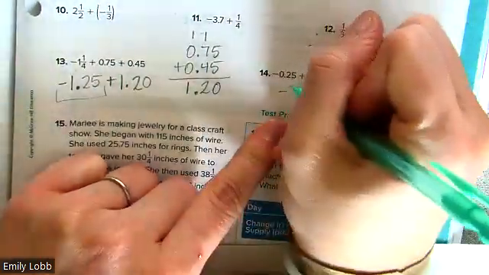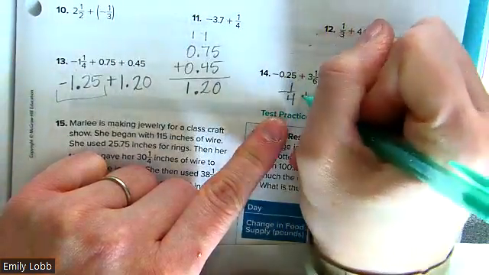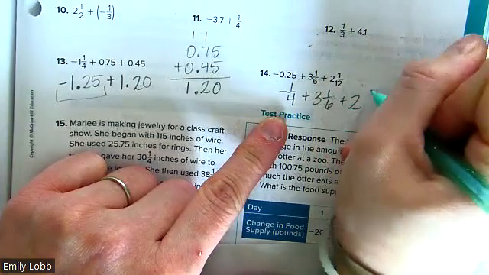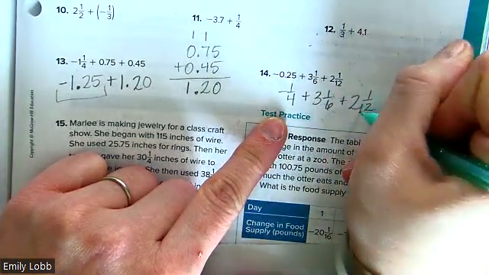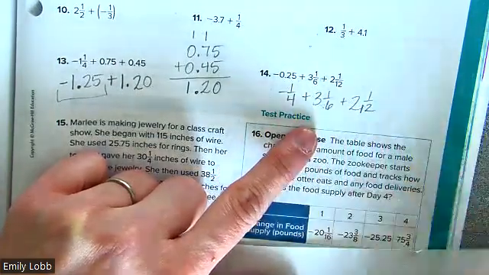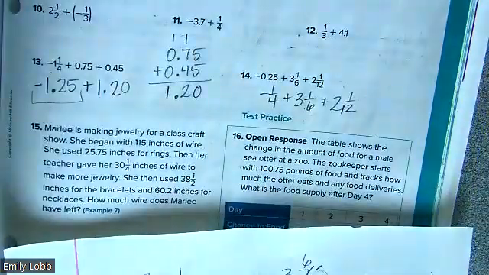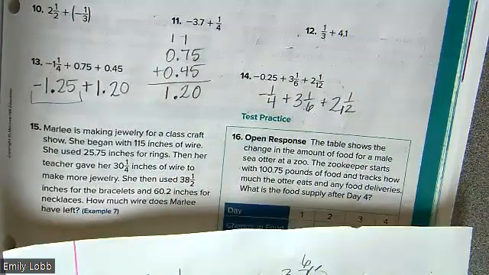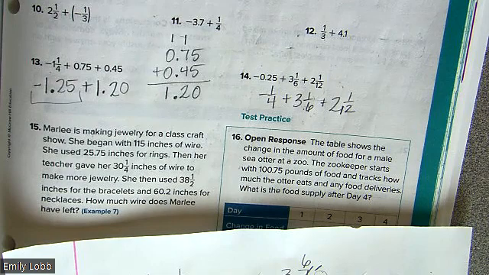Negative 1/4. So this is negative 1/4 plus 3 and 1/6 plus 2 and 1/12. Well, do you want to add 2 and then add the next 2? No, you don't. All right. So what multiple do 4, 6, and 12 have in common?